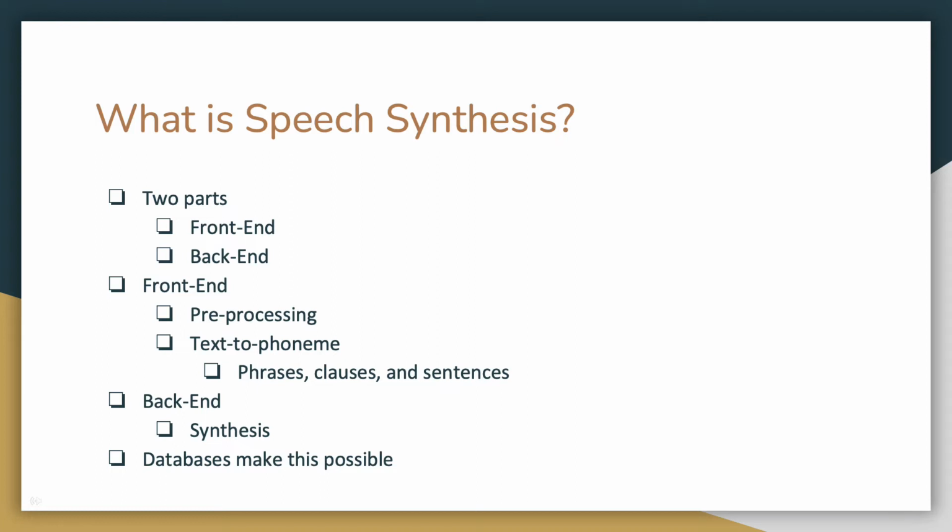Phonetic transcriptions are then assigned to words, and the text is split into prosodic units. These can include phrases, clauses, or sentences. The latter process can be called text-to-phoneme or grapheme-to-phoneme conversion. The transcriptions and prosody details are the output of the front end.